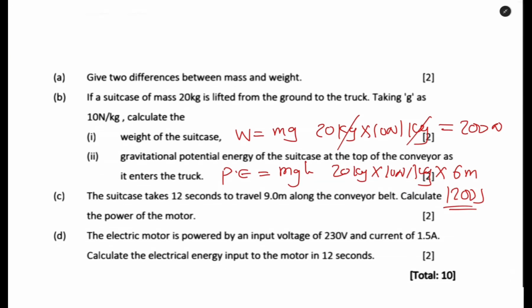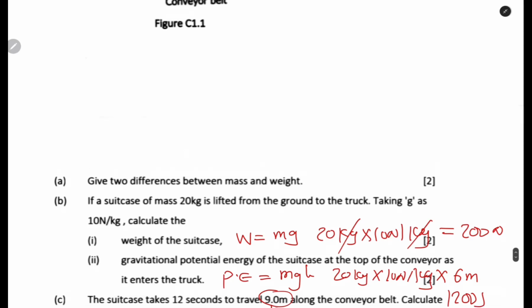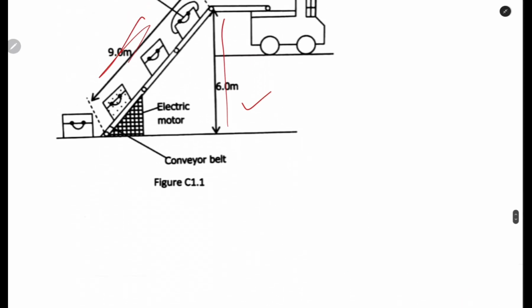Okay, then question C. The suitcase takes 12 seconds to travel 9.0 meter along the conveyor belt. Calculate the power of the motor. So power is equal to work over time. Now, let us find work before we calculate power. Work is equal to force times distance. We are told along 9 meter, along this part. Now what is our force?